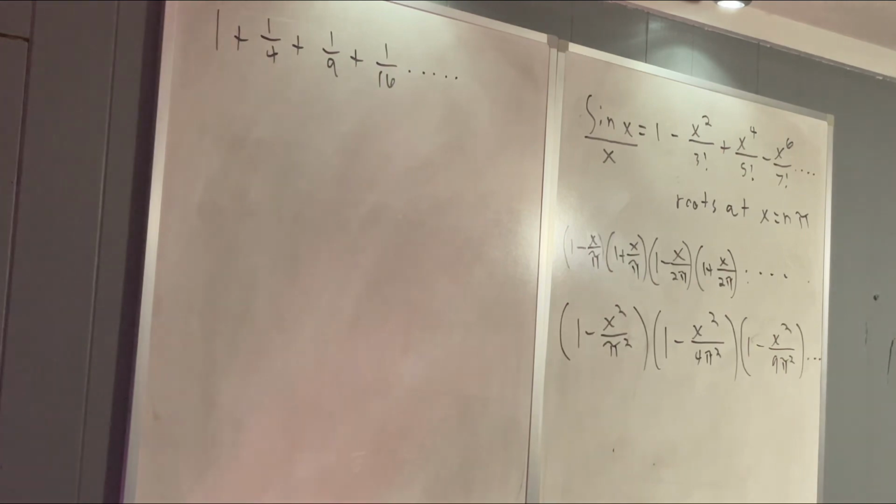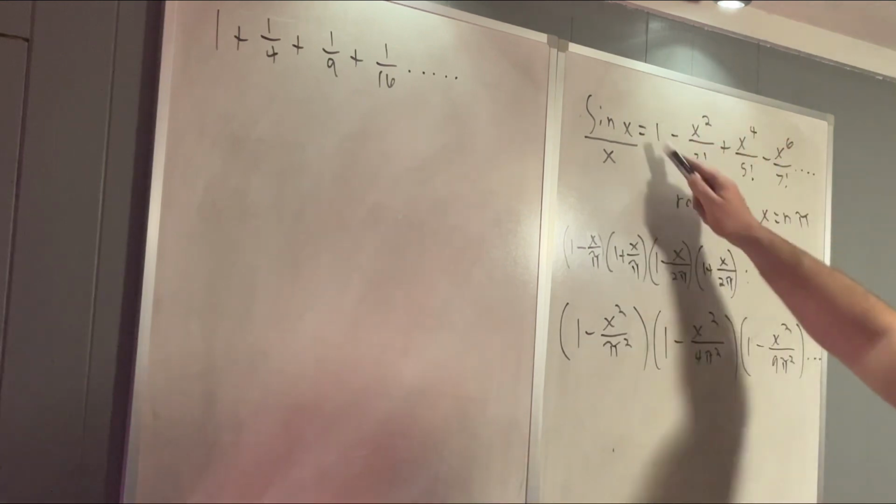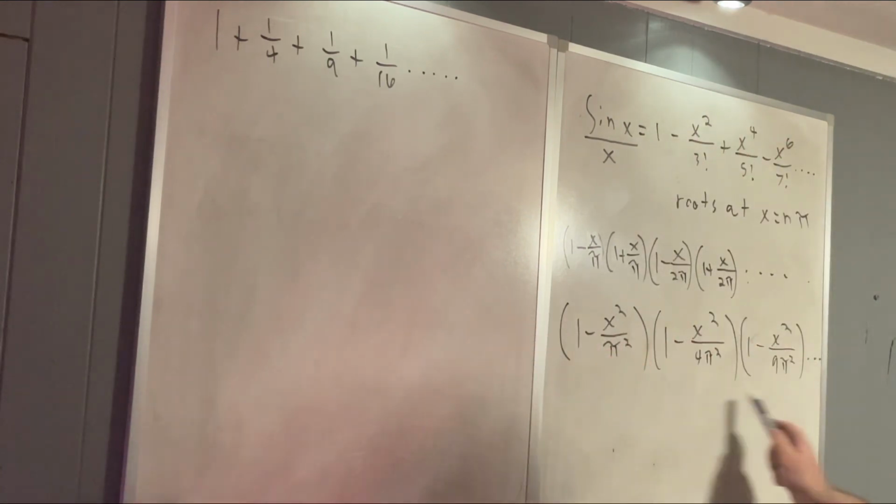All right, now we're going to pull a tool from partial fraction decomposition where we match like terms. We're going to match up the x squared terms of this with the x squared terms of this.